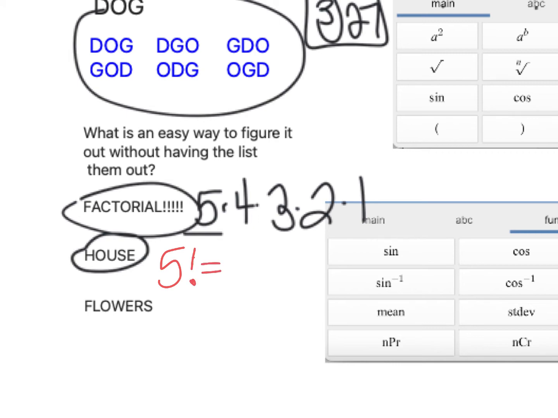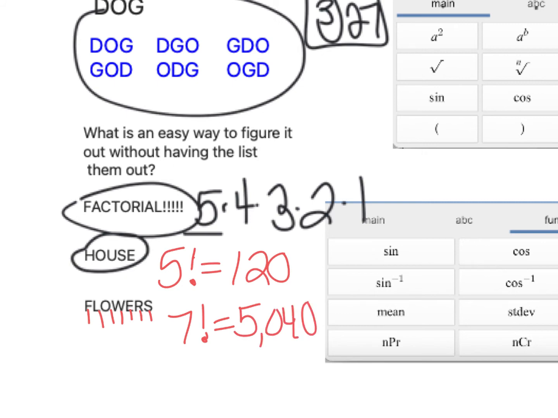When I put that into the calculator, I believe there are 120 different ways that you could write the word house if you organize the letters like we did with dog and cat. Flowers has 1, 2, 3, 4, 5, 6, 7 letters, 7 factorial, which if you put that into your calculator will be 5,040 possibilities.